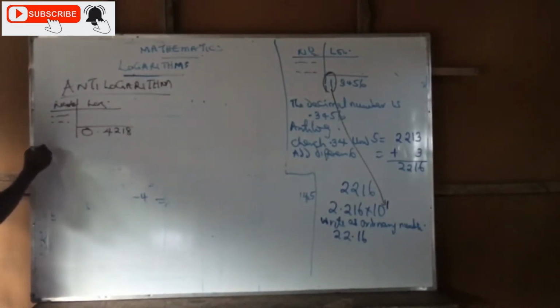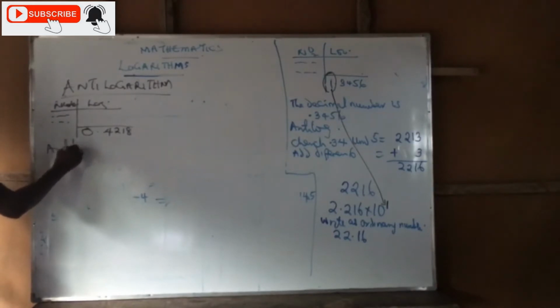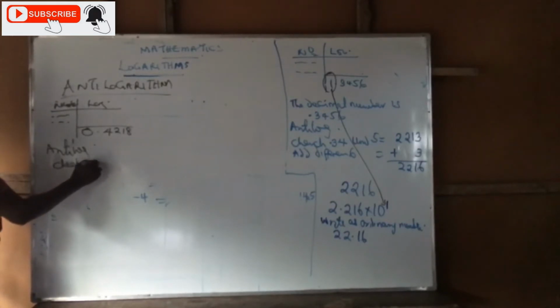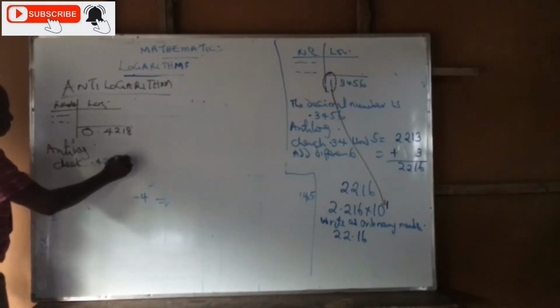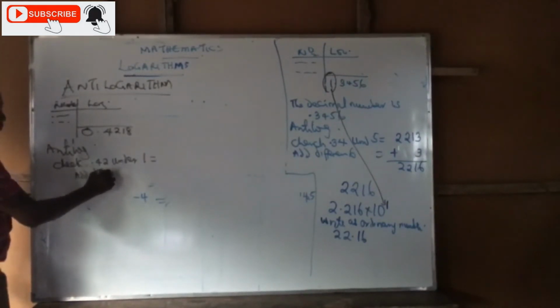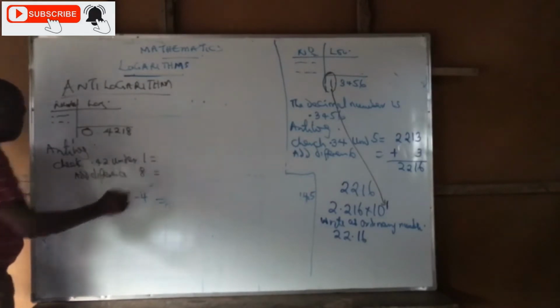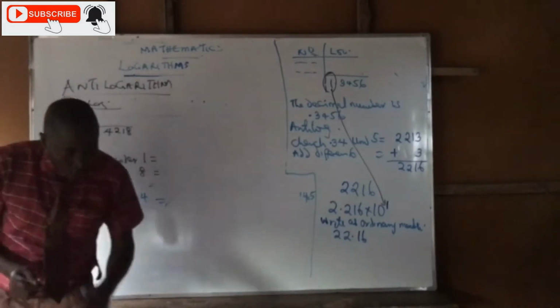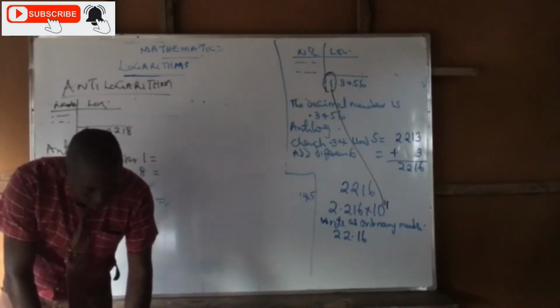So then anti-log, check 0.42 under 1, add the difference 8. So we go to our anti-logarithm.